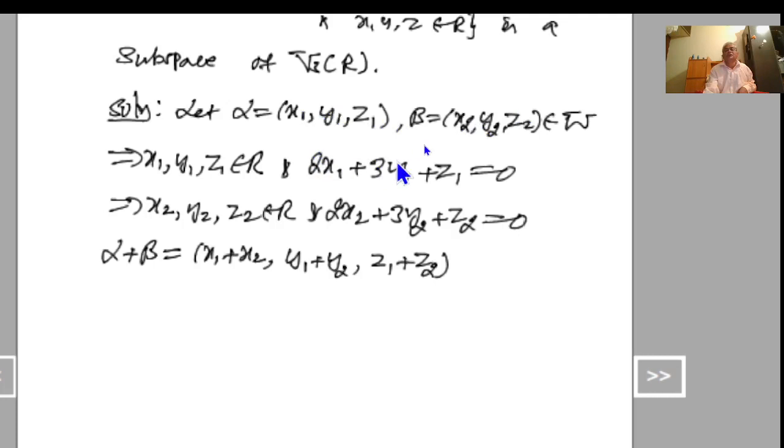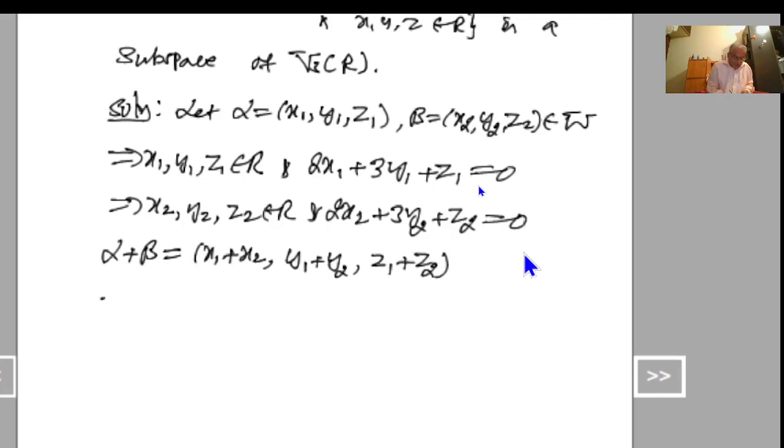And we have to show that this belongs to W. To show that, we have to prove that these three elements belong to R and this condition is satisfied. That is, 2 into the first element, 2 into x1 plus x2, plus 3 into y1 plus y2, plus z1 plus z2 must be equal to 0. That I have to prove.